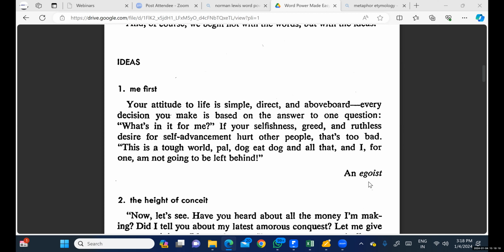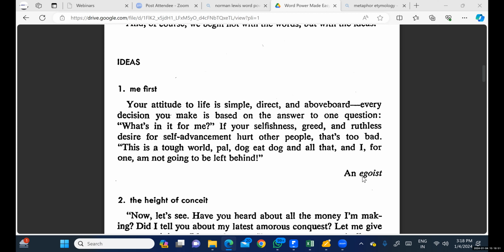Ego, what is the meaning of ego? Ego means self. Yesterday I said, when you have a word ending with ist, it is a person. Himangi, do you remember? Any word ending with ist is a person, right? Yes, sir. Any word with the suffix ist is a man, is a person, and ego means self, khud ka.